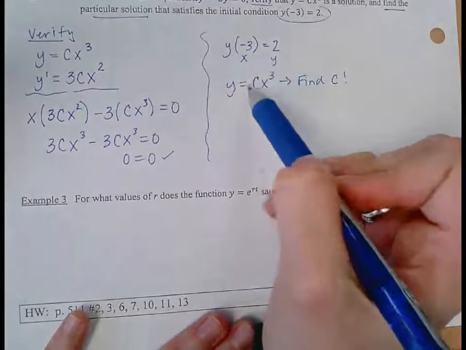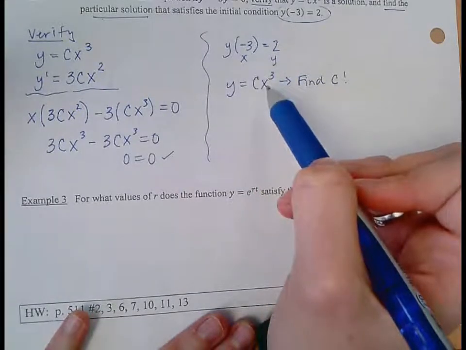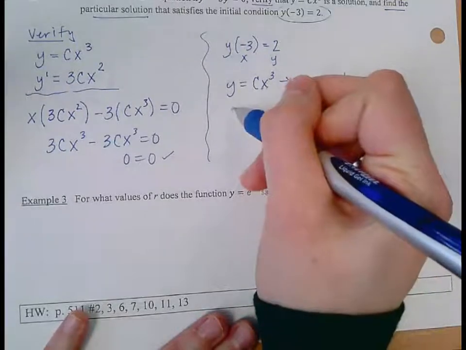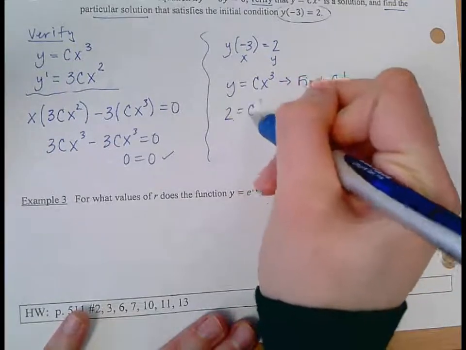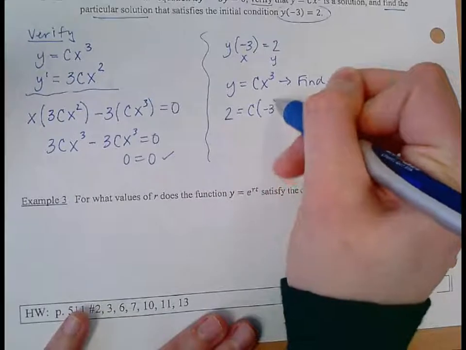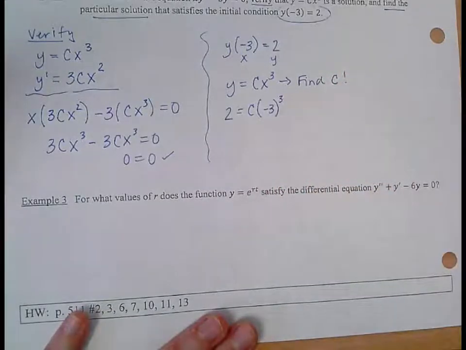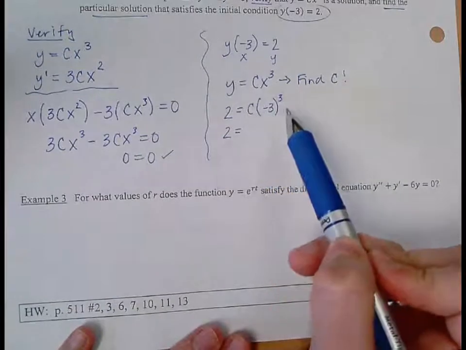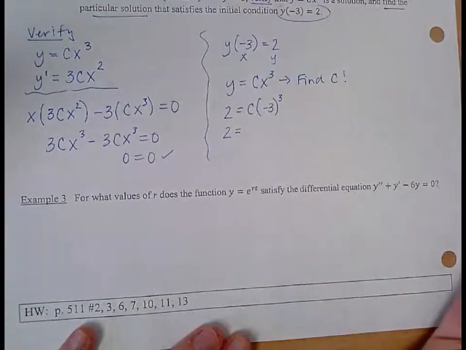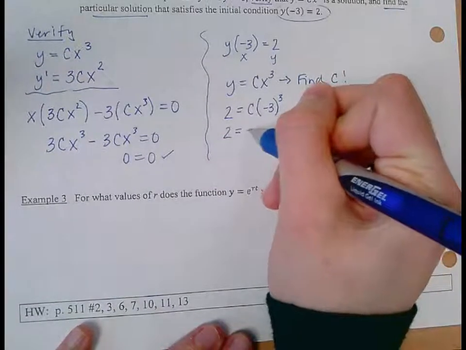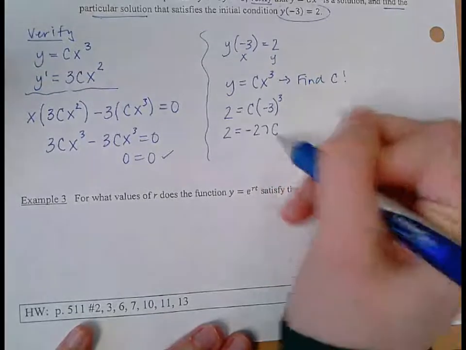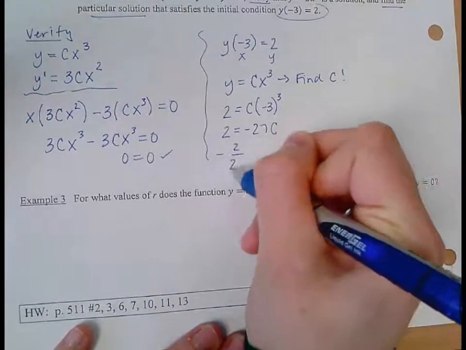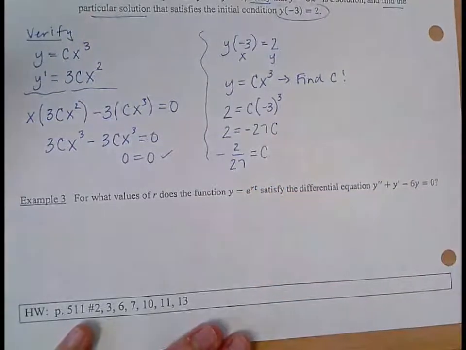So I can substitute in -3 for the x, 2 for the y, solve for c. So I'd have 2 equals c times -3 cubed. Which then if I simplify, -3 cubed is -27, so -27c. Divide by -27, I get -2/27 as the c value.